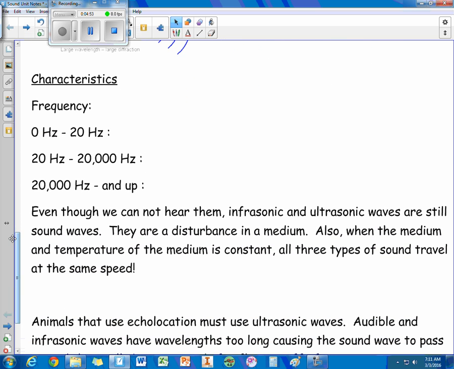Okay, now, going on with characteristics of sound, we first have frequency. Basically, remember that frequency is cycles per second or oscillations per second.